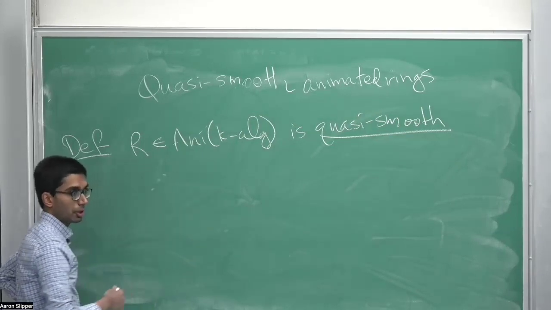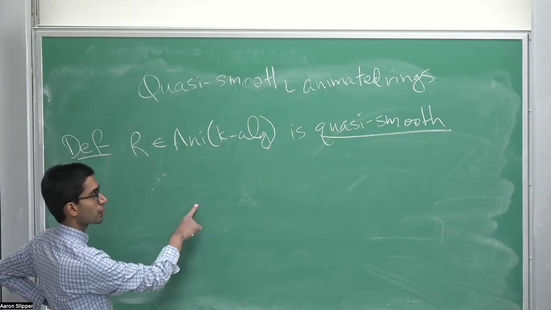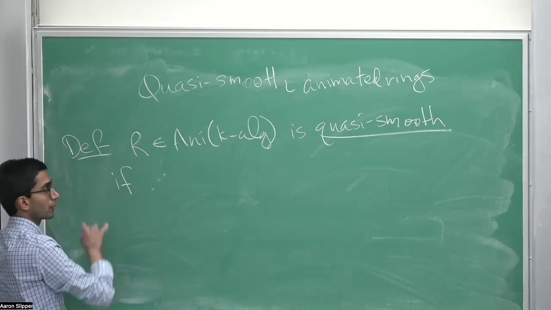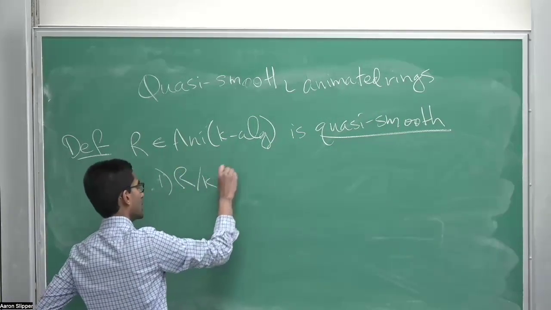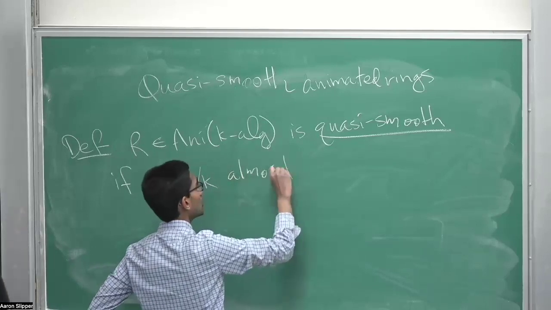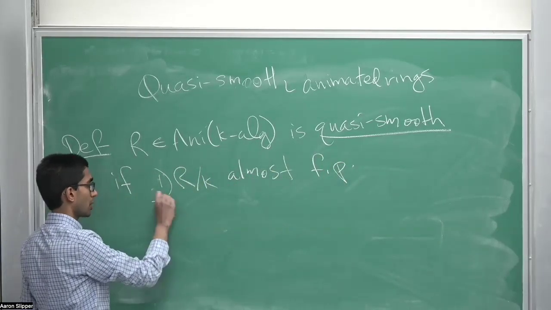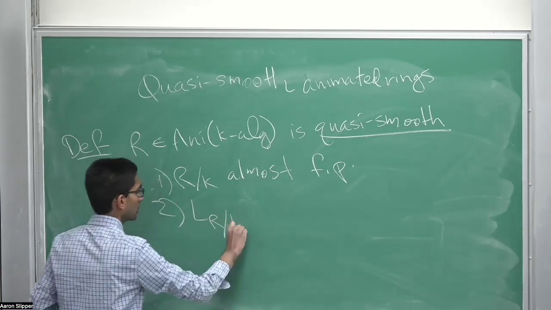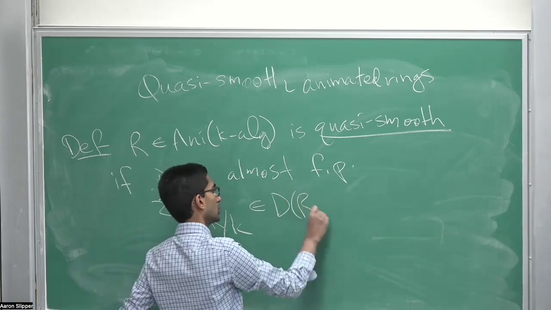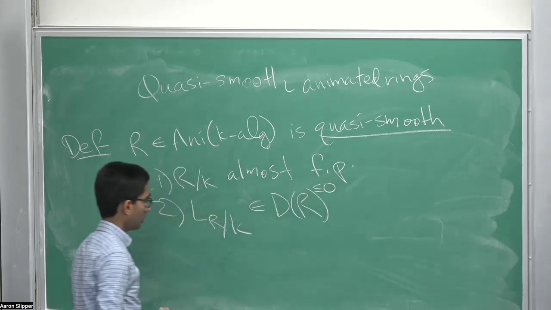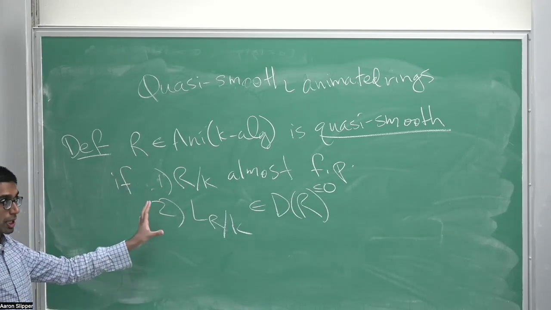Okay, so first it's going to be almost finitely presented. So I'll do some equivalent characterizations. So one is that R is almost finitely presented. And two is that if you take the cotangent complex of R over K, this is an object living in the connective derived category of R. It's going to have Tor amplitude in [-1, 0].